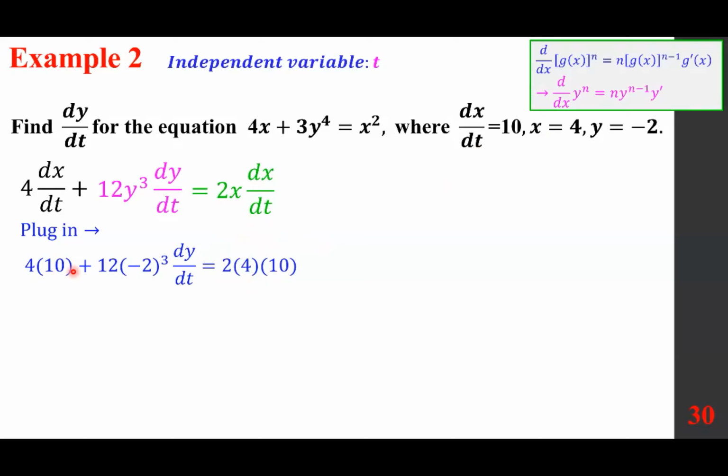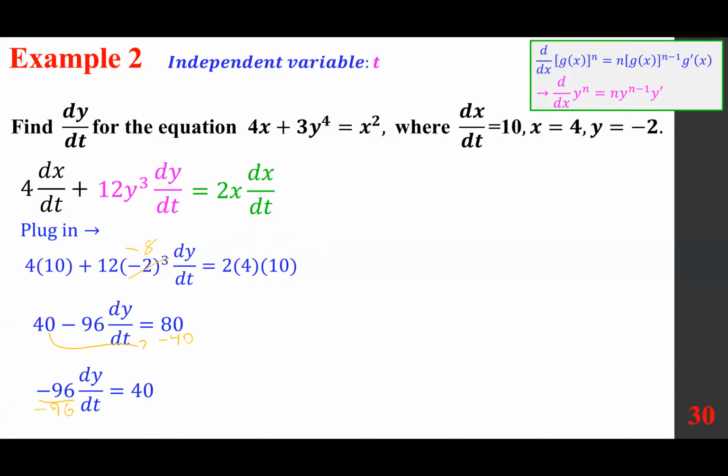So this is 40, minus 8 times 12 is minus 96. The right side is 80. You subtract this from 80, you get 40 and divide by -96. And it simplifies to -5/12. And that's absolutely fine, and that's pretty fast.